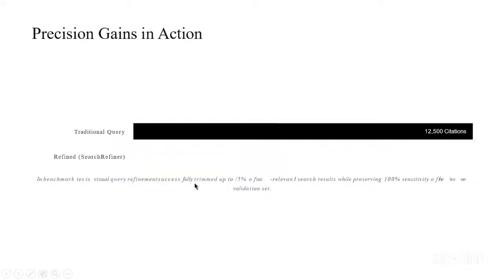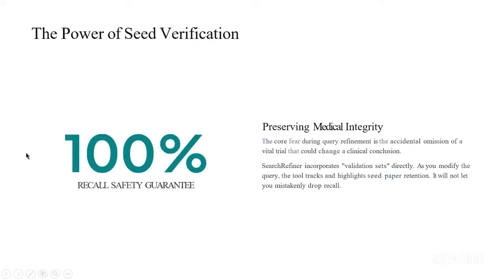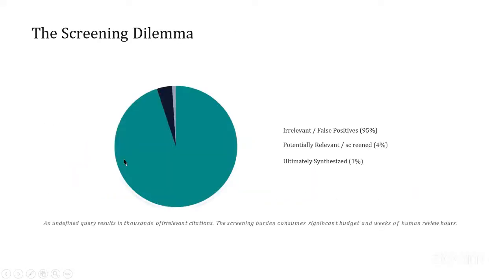So this slide demonstrates the main findings. The developers of the software did this benchmark testing where they found that up to 75% of papers could be trimmed out while retaining 100% of the relevant papers. I think it's on the next slide also. Yeah. So you can trim out 75% of this while still retaining all of this important 1 plus 4, which is 5% here.